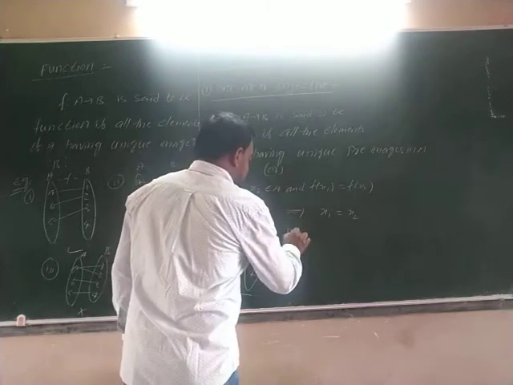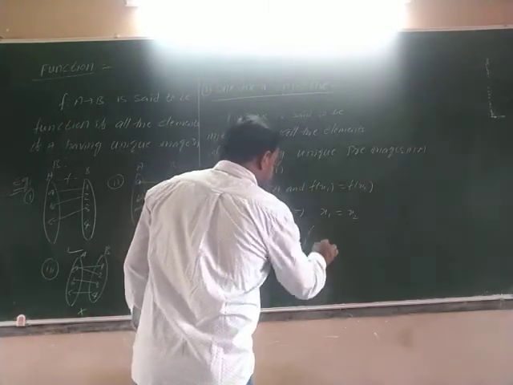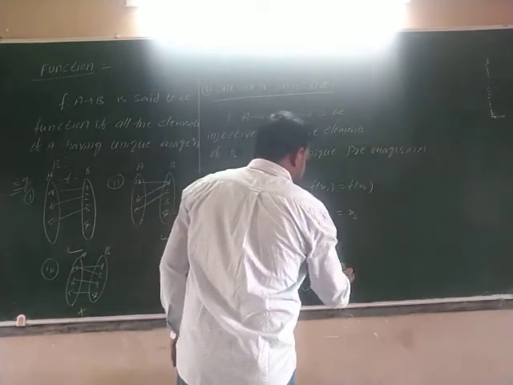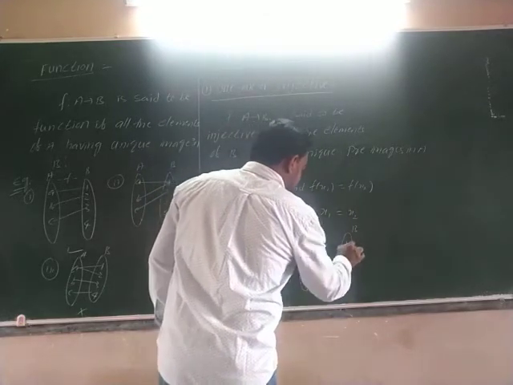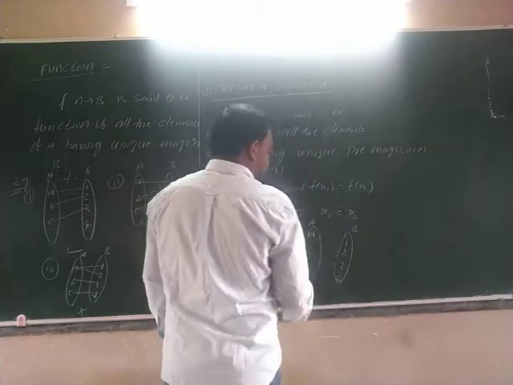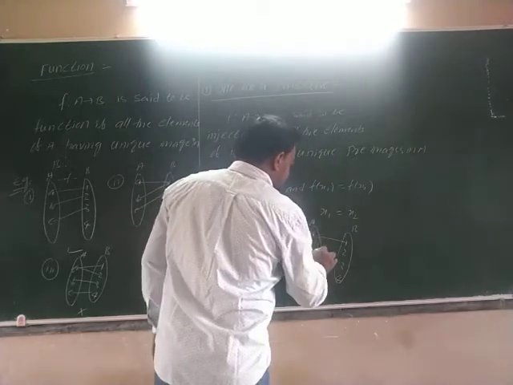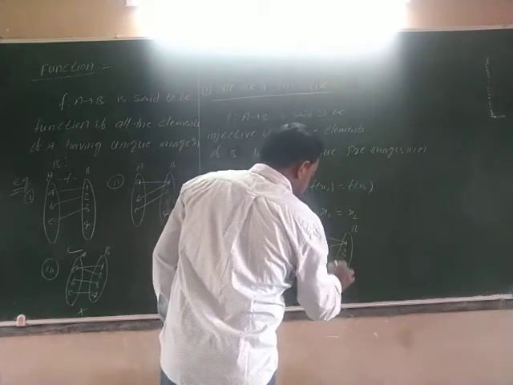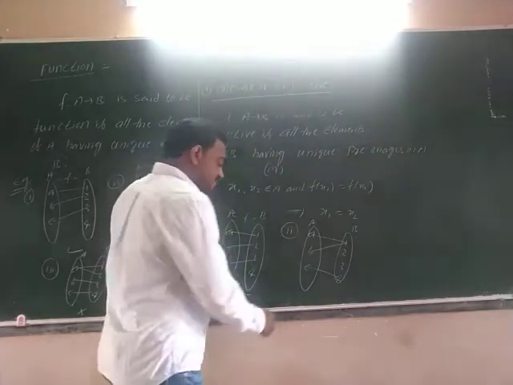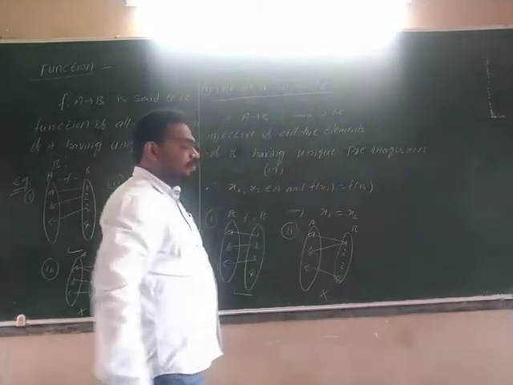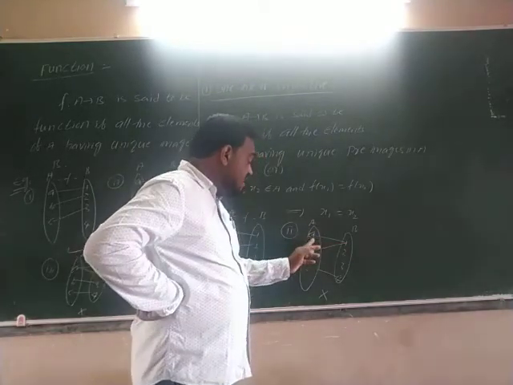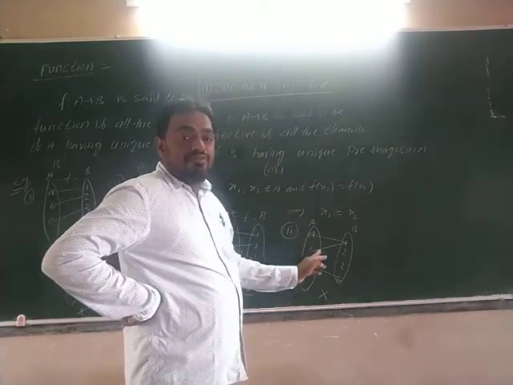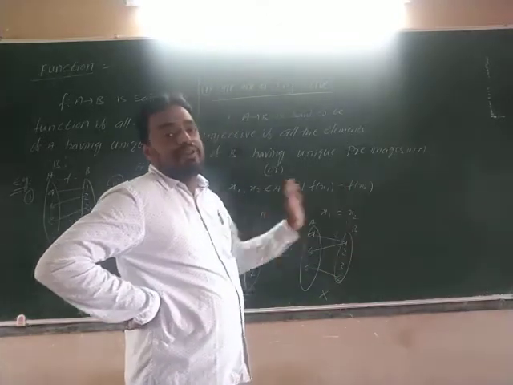See one example. Set A, set B. Here a, b, c and 1, 2, 3, 4. a is related to 1, b is related to 1, c is related to 4. It is not a one-one function. Why? The pre-images of 1 are a and b. So 1 doesn't have a unique pre-image.